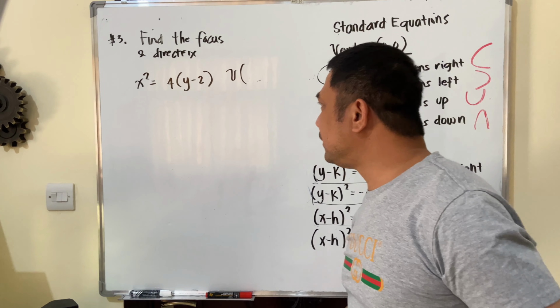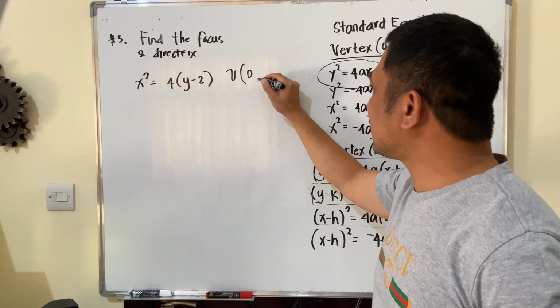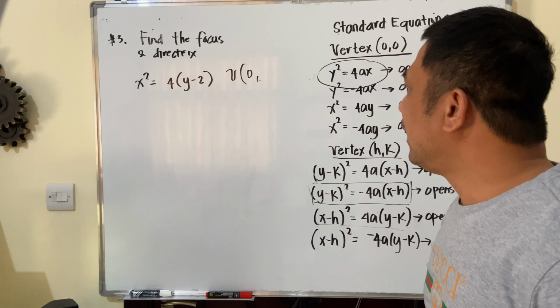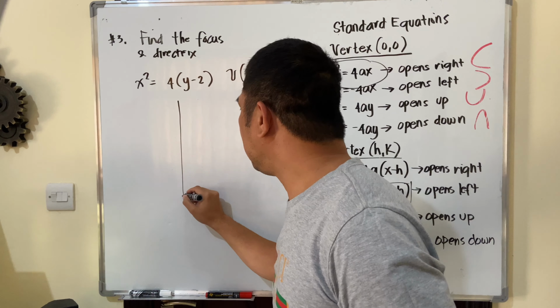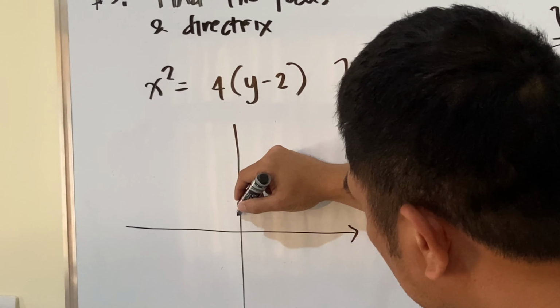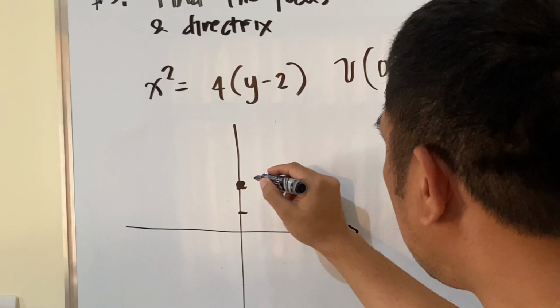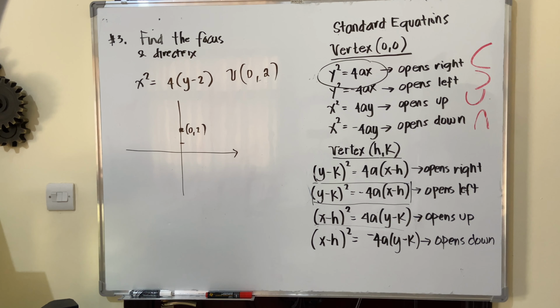Since you don't have any constant with the x, the x-coordinate is 0, and the y-coordinate is 2. Let's draw our parabola. The vertex is at (0, 2), and where does our parabola open? If you have x², it opens up. So our parabola is opening up.